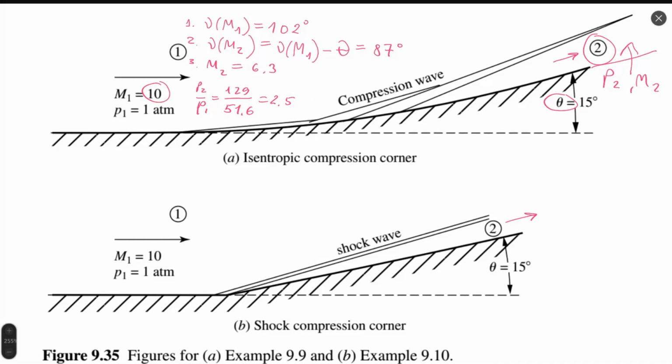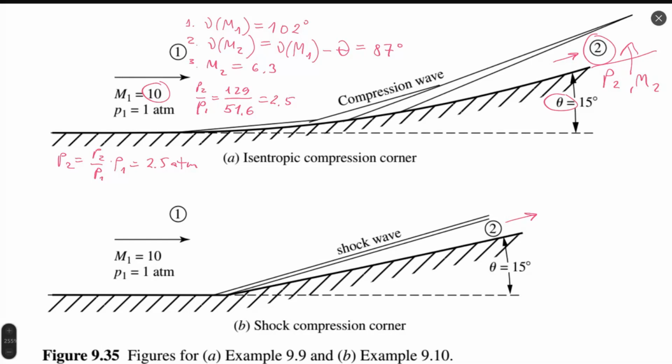Probably in such way will be not correct. I will just write right below that pressure 2 by pressure 1 multiplied by pressure 1 is 2.5 atm. Please let me know if you found some error in my calculation, because sometimes it's possible.